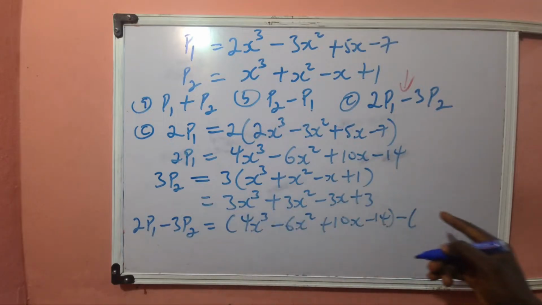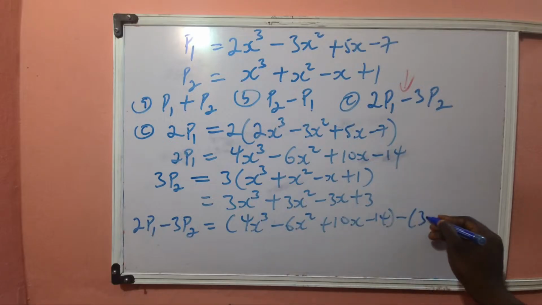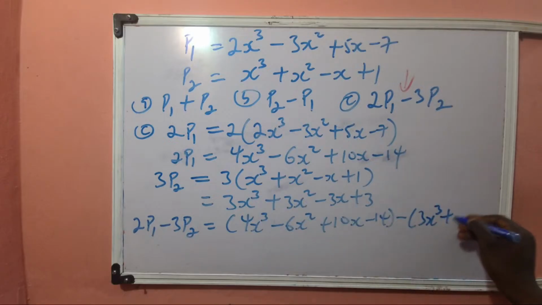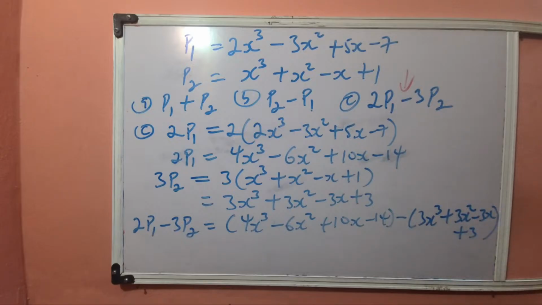So what we have for 3P2 here, we have 3x cubed plus 3x squared minus 3x plus 3.